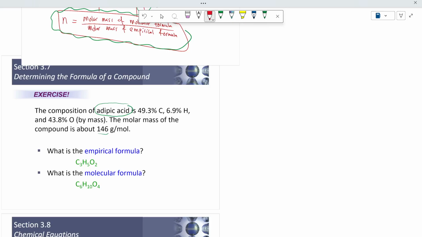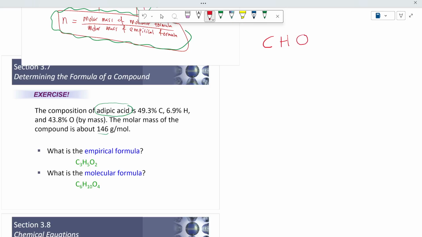Now let's think about it. Adipic acid consists of carbon, hydrogen, and oxygen. And the question asks us to determine the empirical and molecular formula. As you know, to determine any formula, you should write the atoms that exist in your compound or molecule. In this case, the types of atoms are carbon, hydrogen, and oxygen.